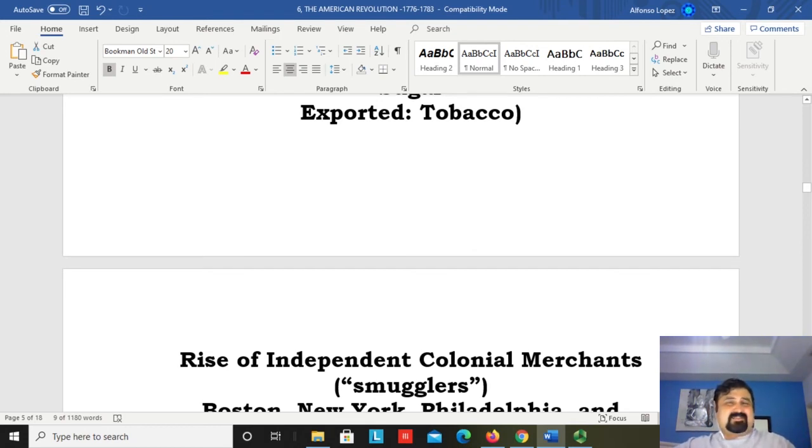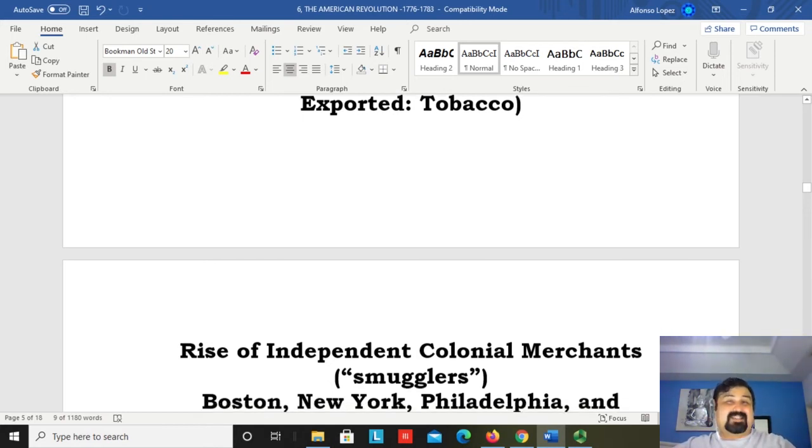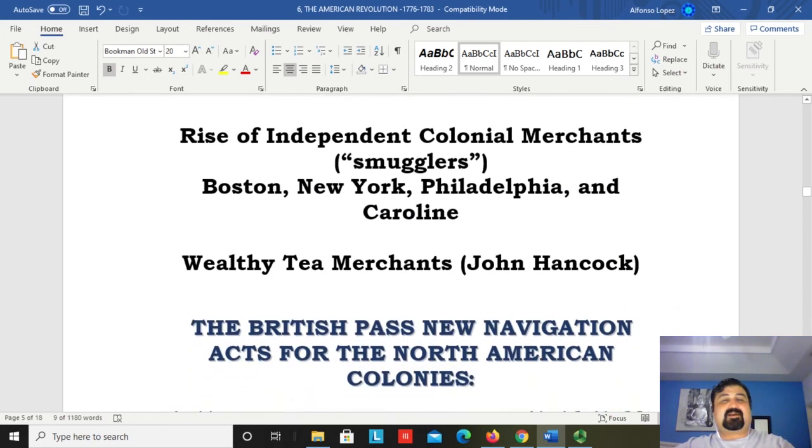Despite the fact that there are rules of trade, the Navigation Acts we discussed at the very beginning of the session, there's still a kind of free trade system taking place in North America. We're going to see the rise of independent colonial merchants, therefore, and they're becoming quite prominent.